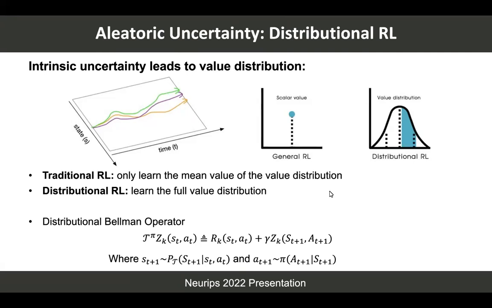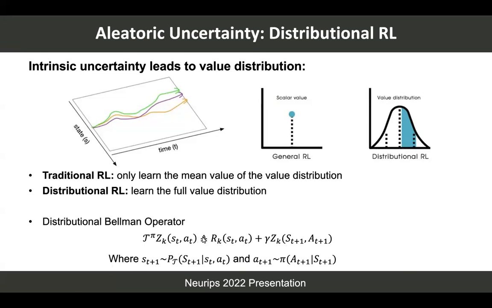So there is another algorithm called distributional reinforcement learning. It aims to learn the full value distribution for each state action pair. They achieve this goal by using the Bellman operator called the distributional Bellman operator. In this distributional Bellman operator, we treat all the elements as random variables.